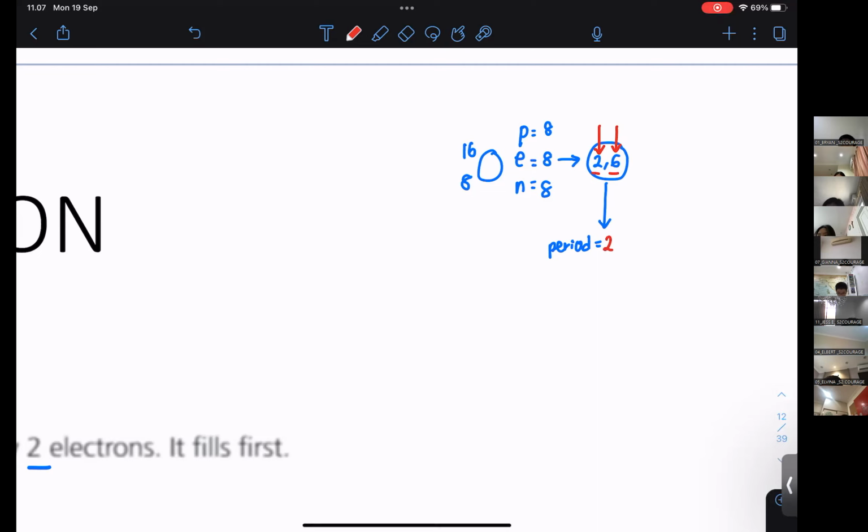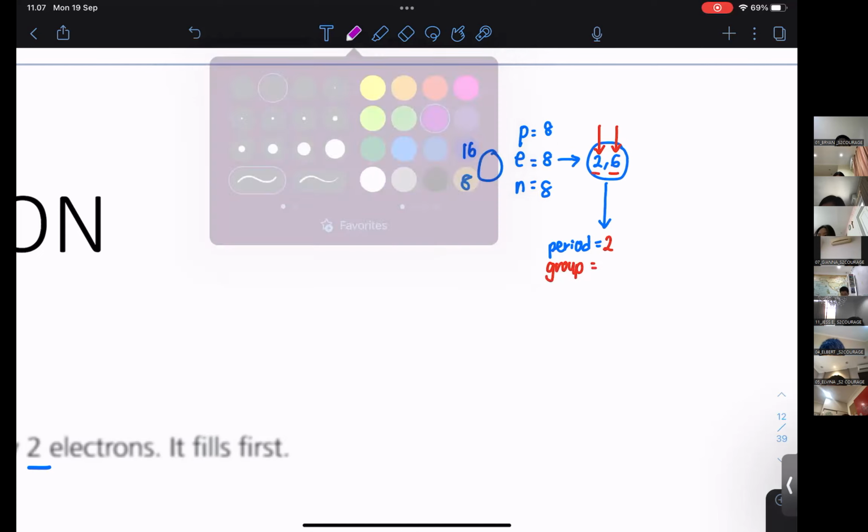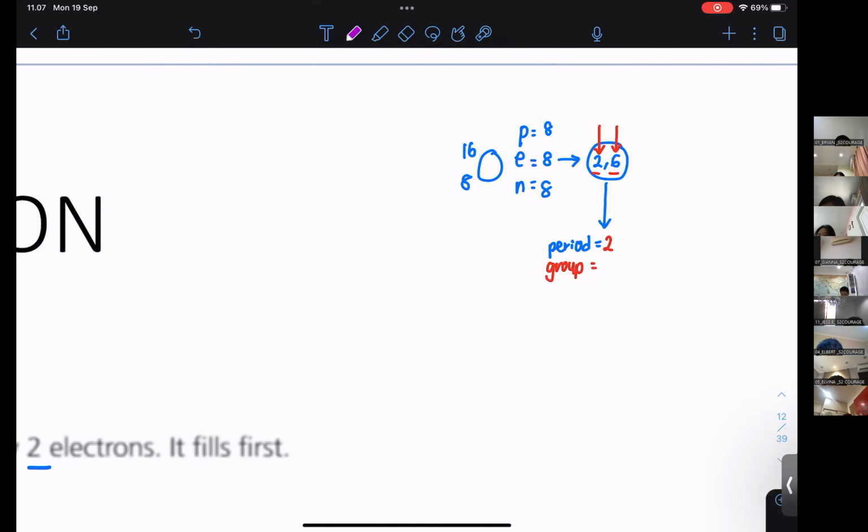And then for group, we look at the valence electron. Jesse, can you tell me the valence electron for oxygen? 6. So the valence electron is 6.